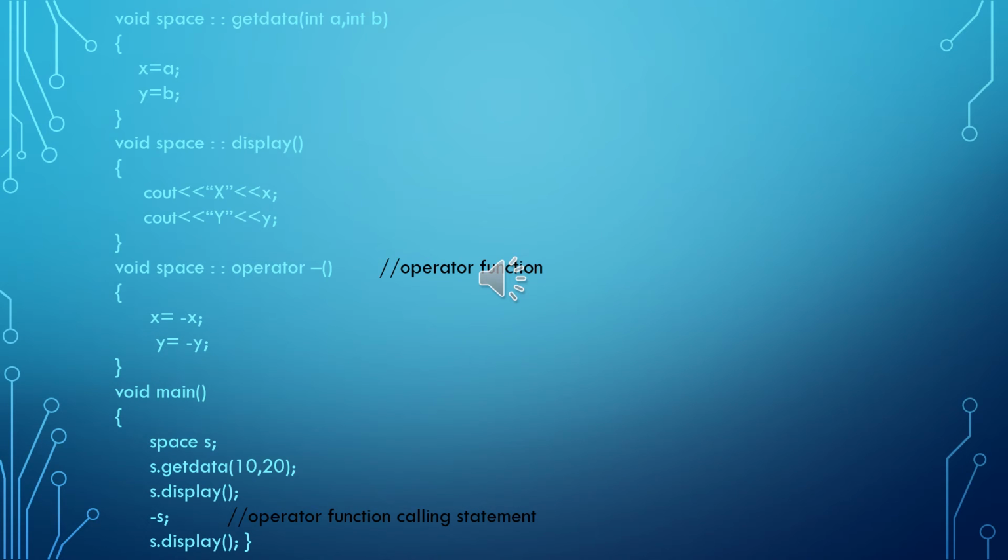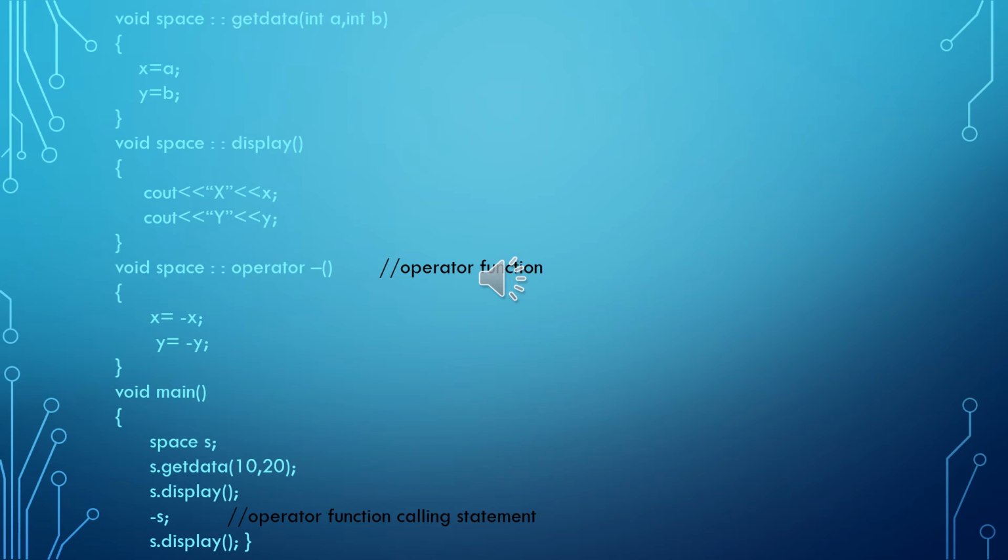In this we just compare the syntax we have seen already and this operator function. In this, void is the return type, space is the class name, and the scope resolution operator, and then the operator keyword, and then the minus operator, the operator being overloaded, and curly braces.